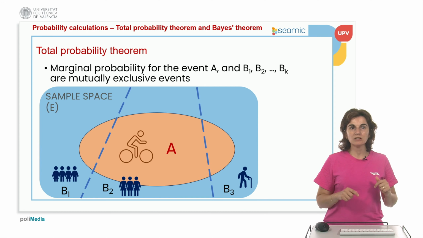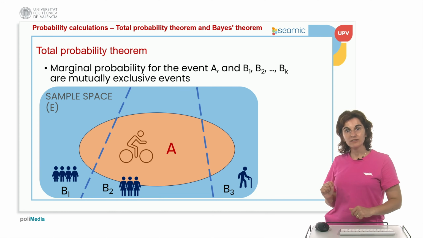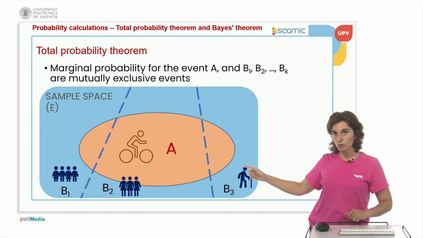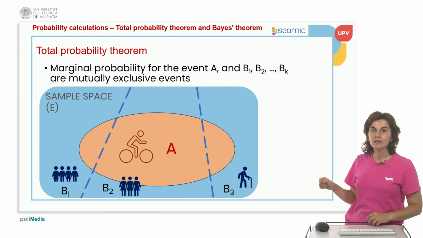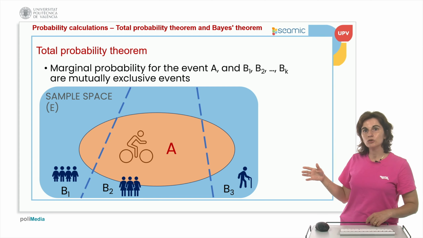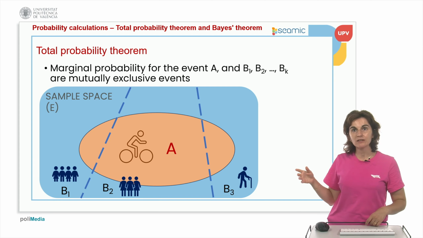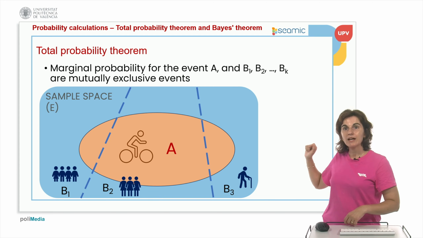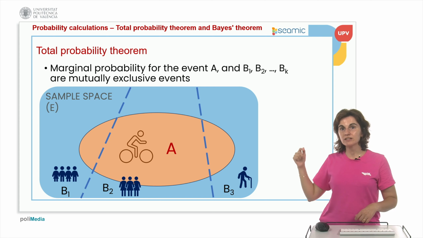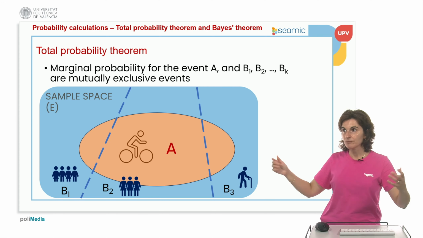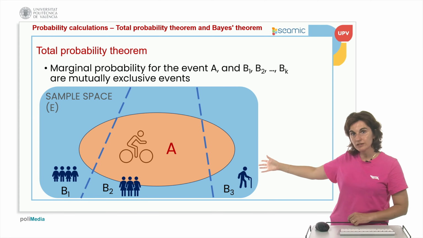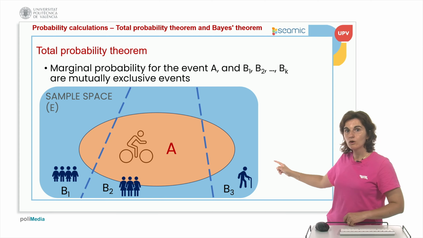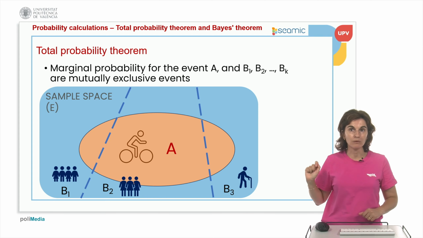So you could imagine, for instance, one event A, which is the probability that someone who has been selected randomly usually rides a bike on a daily basis. And this would be the event A. And we are studying the probability to find someone randomly selected across a population of children, could be, or a population of adult people, or maybe some elderly people.